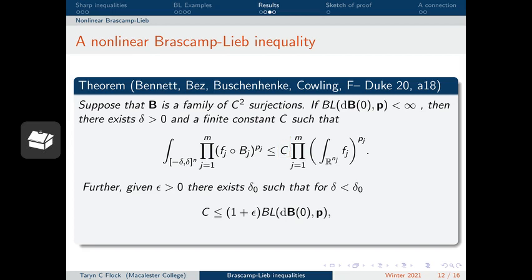One thing that's interesting is that our proof gives this result for the sharp constant, and I don't know of a simplification of the proof that would give the nonlinear inequality without this control on the constant.